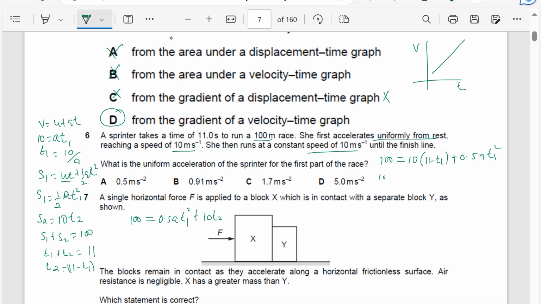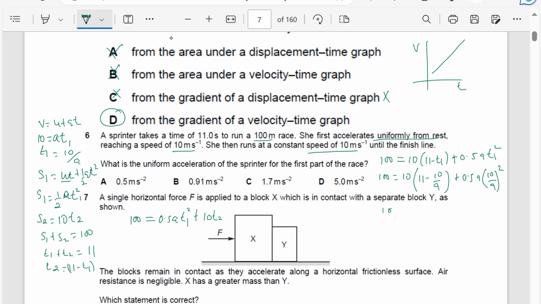So 100 is equal to 10 into 11 minus T1, which is 10 over A, plus 0.5 A times T1, which is 10 over A, but this is squared.